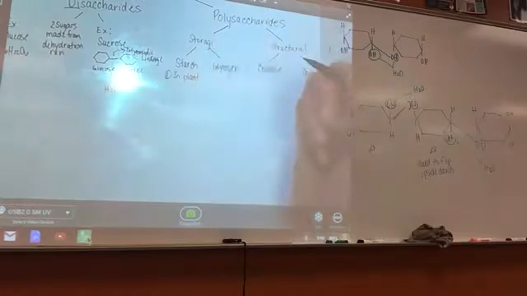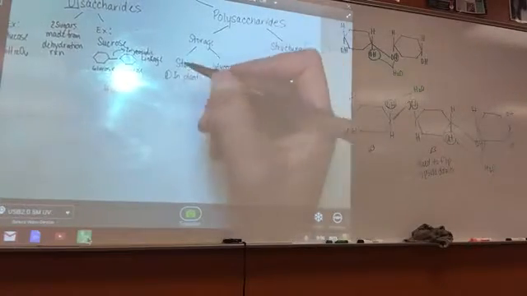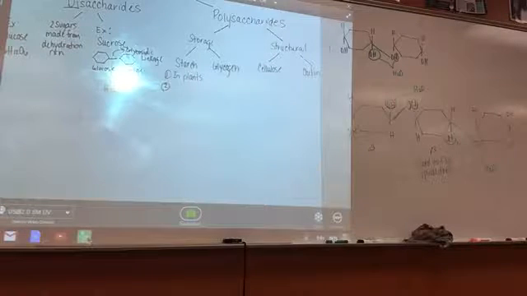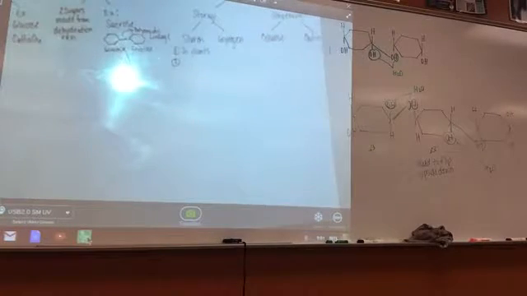Storage and plants. What else did we learn about starch that we could write? What does it make from? What's the monomer we could ask of starch? Monomer of starch. And we could say glucose, but let's be specific.